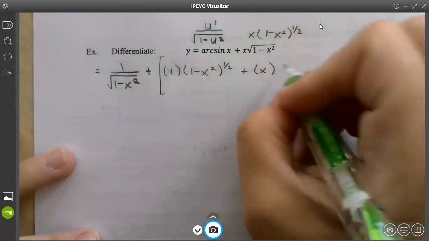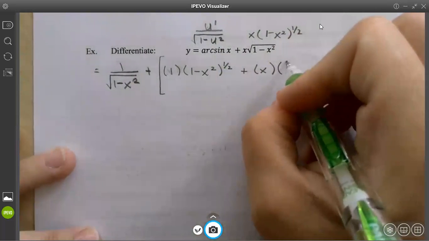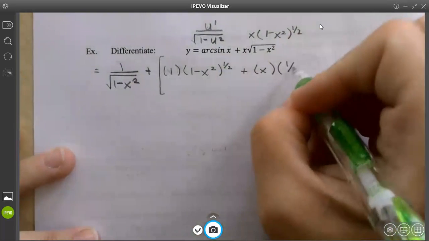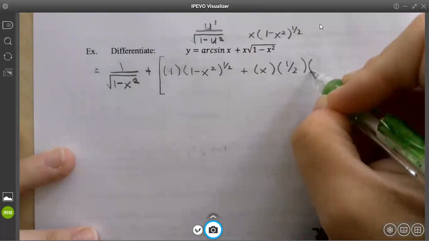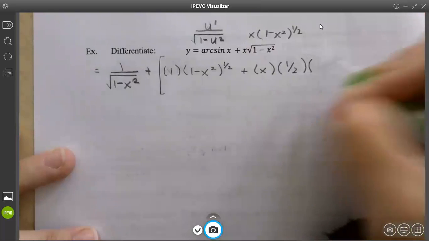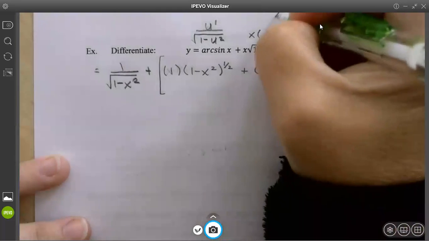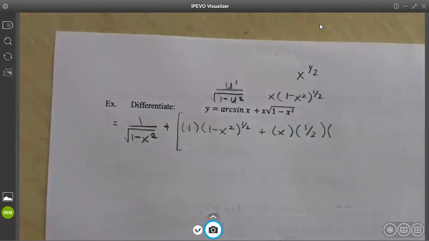So what's the derivative of this one? You've been doing it all day. 1/2. Guys, look, what's your derivative of x to the 1/2?